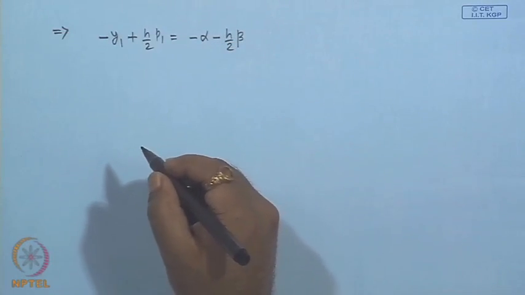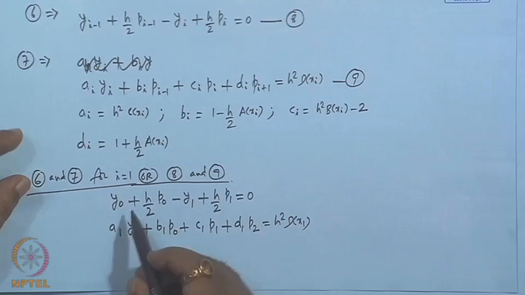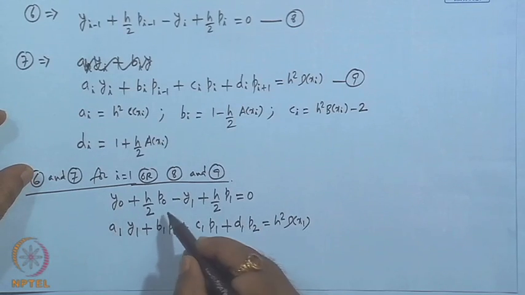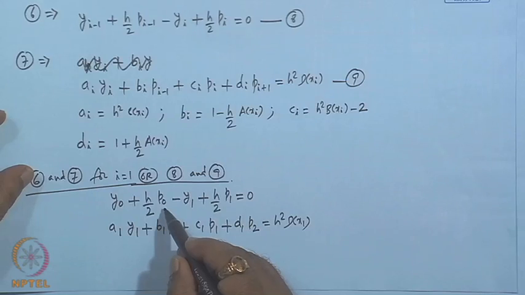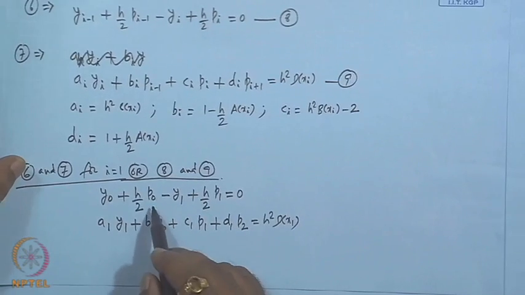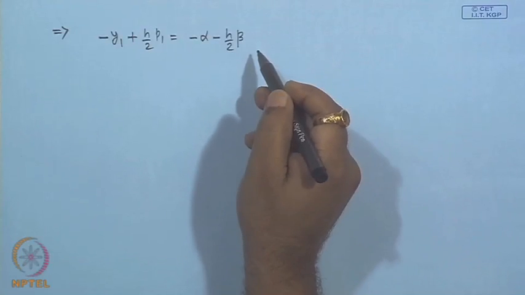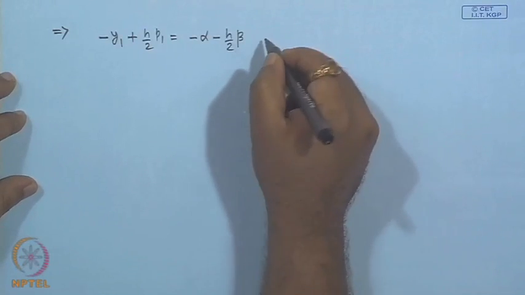How did we do that? Look, we have y 0 alpha and p 0 is beta. Okay. So, these are known. So, we have pulled it to the right hand side.